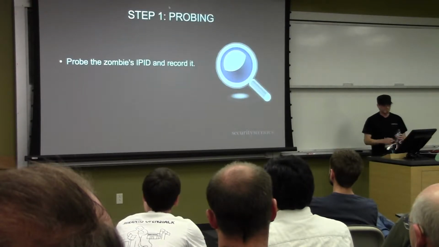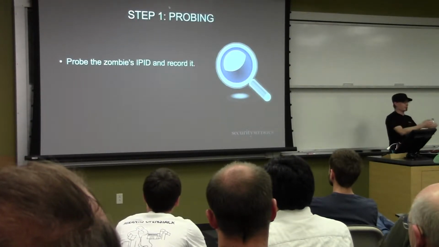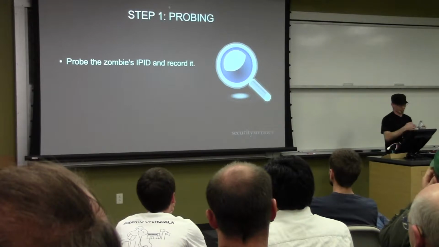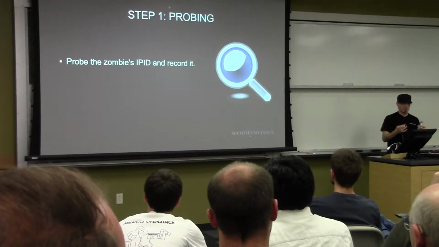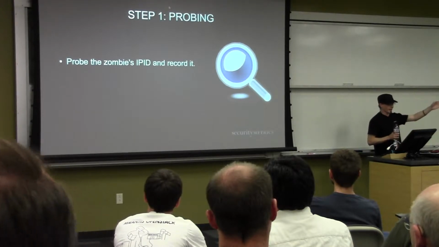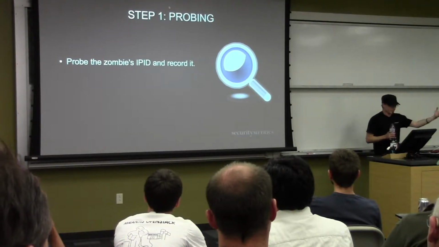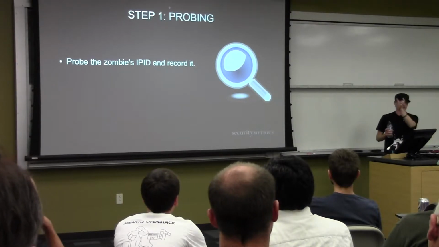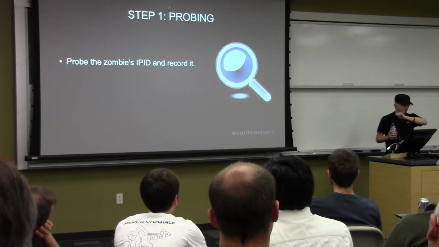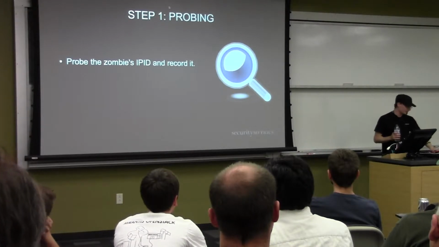Step 1, probing. You probe the zombie host that you're bouncing your attack off of, and get the IP ID. You send a SYN-ACK to the zombie. The zombie will send a reset, and that contains its IP ID number. You write that number down. You'll come back to it later.